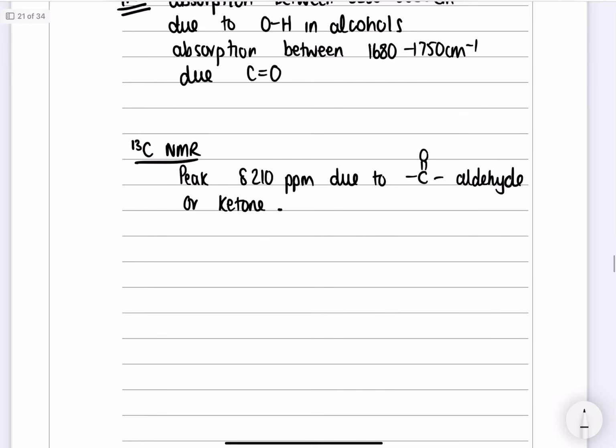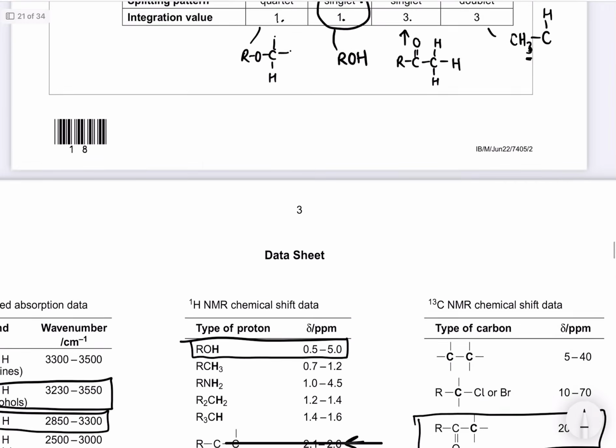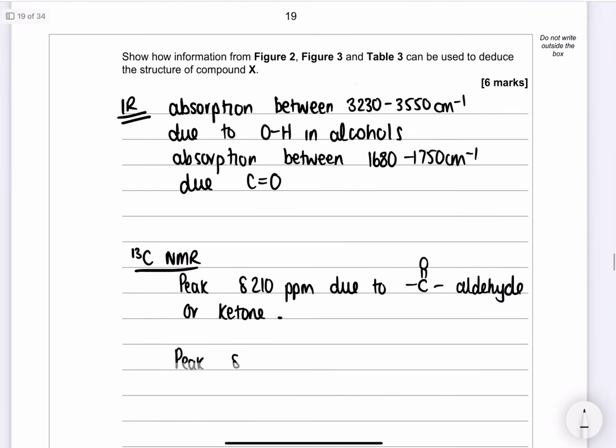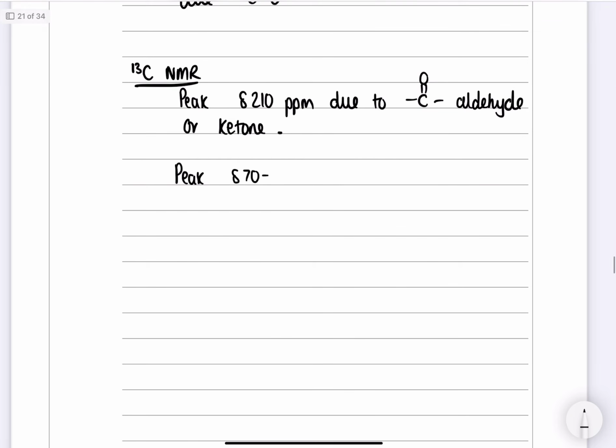We then had a peak at around 70 to 80. And when we looked on the data sheet, we decided when we were labelling that was due to a CO in alcohol, ether or ester.